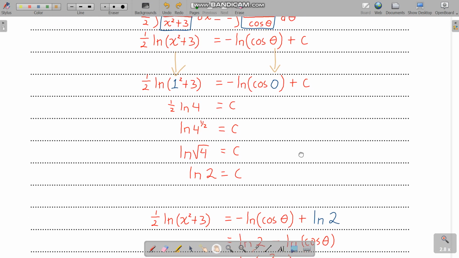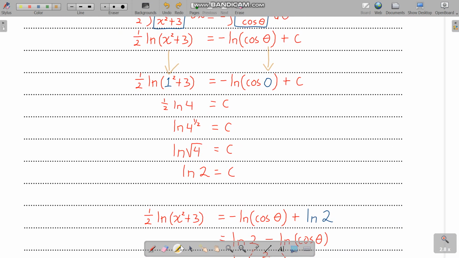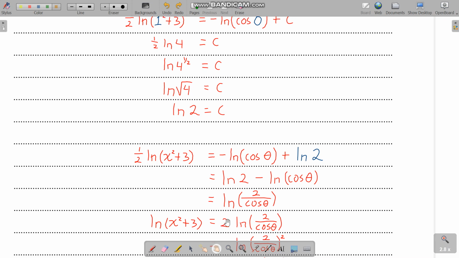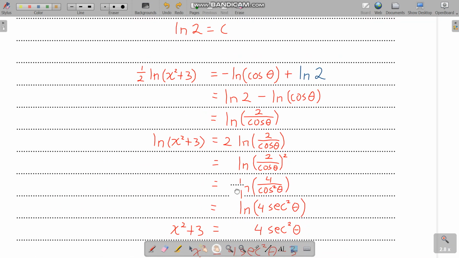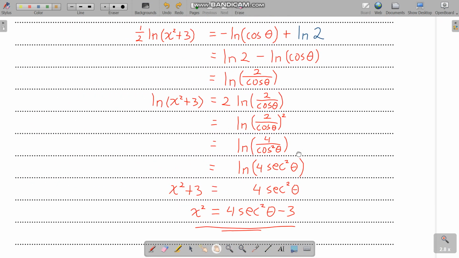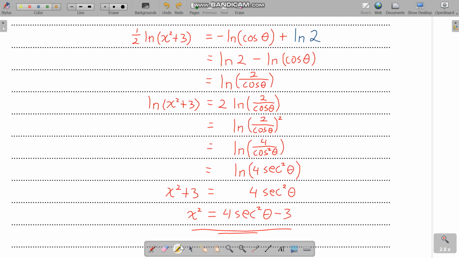So now that we know the c, just rewrite the general solution, but we replace the c with ln 2. So this is now the particular solution, because we don't have c anymore, but we need to express x squared in terms of theta. So we can start by swapping ln 2 minus ln cos theta.